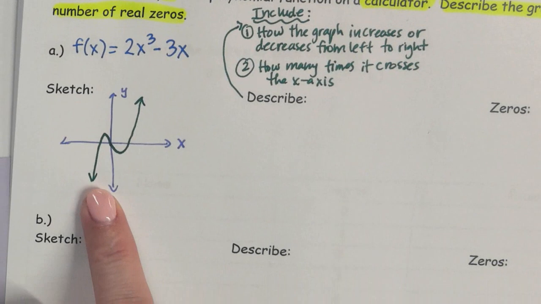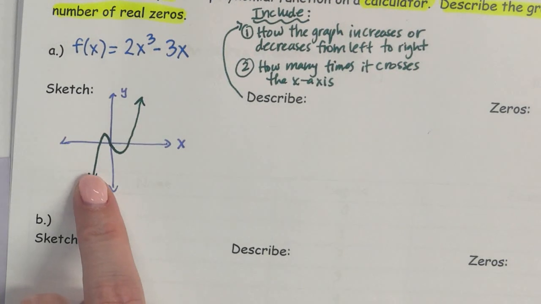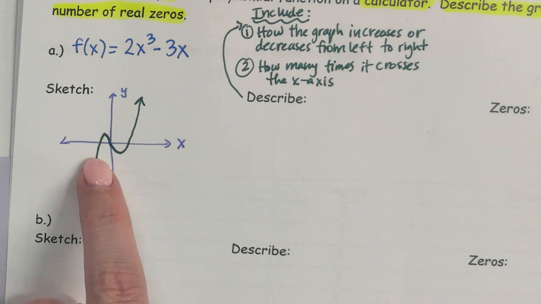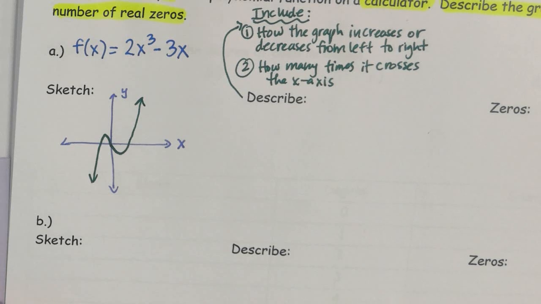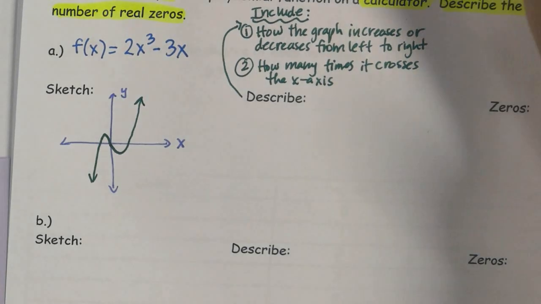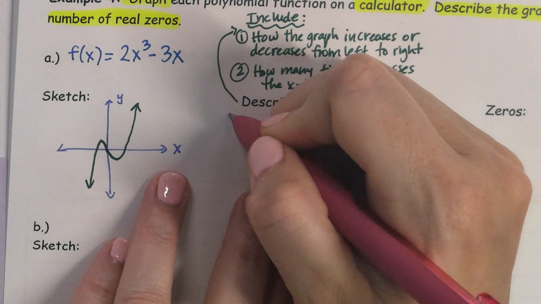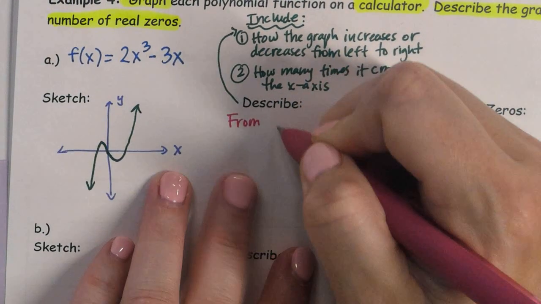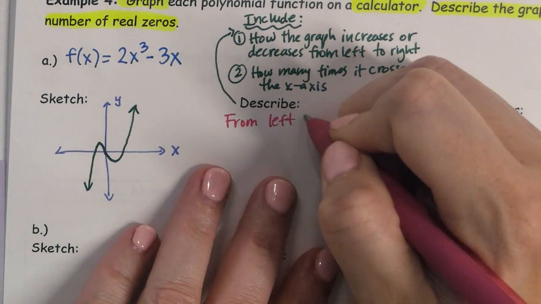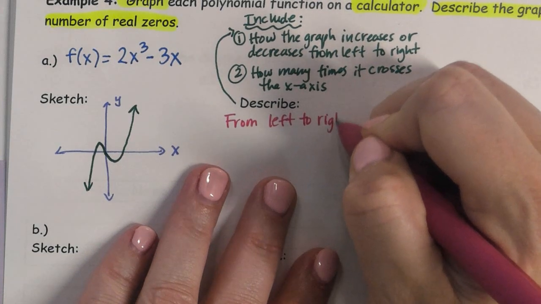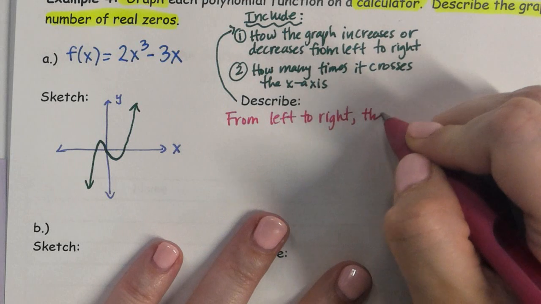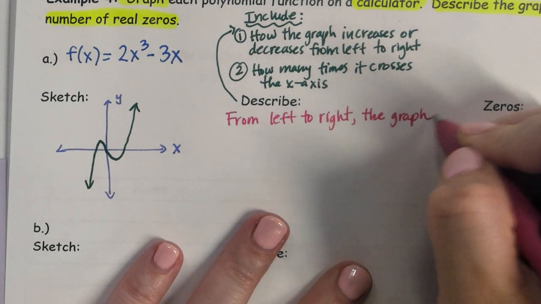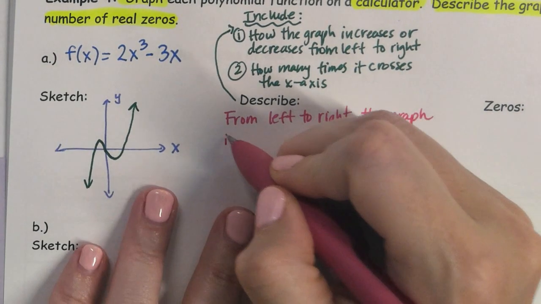We really are just going to look and see what's happening here, even if you just look at your sketch. Is it increasing or decreasing here? Increasing. So we can start the description the same every single time, and that is from left to right, the graph, and then you just tell me what it does. So the graph increases.